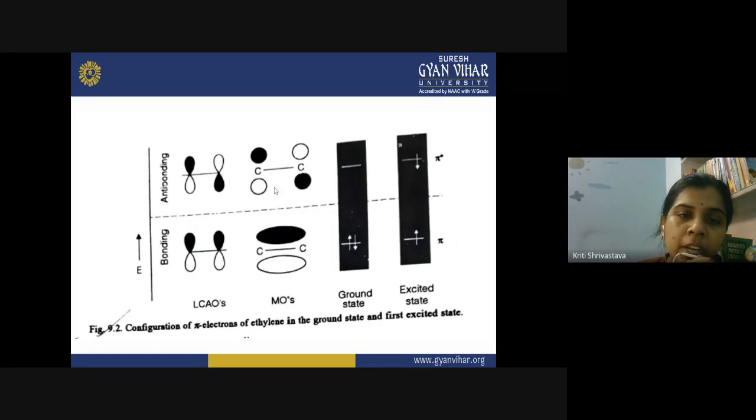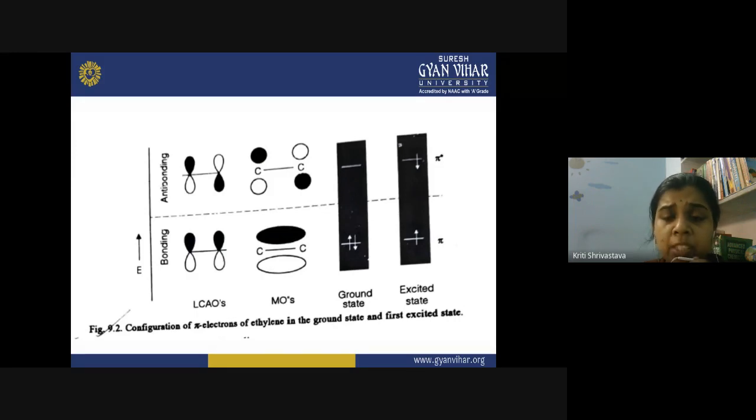One will be the bonding one, another will be the anti-bonding one. In 1 pi bond I have 2 electrons. When I fill these electrons in the ground state of the molecule, both electrons will go to the bonding molecular orbital. And when I provide a photon to the molecule, one electron will be excited and it will go from bonding to anti-bonding orbital.